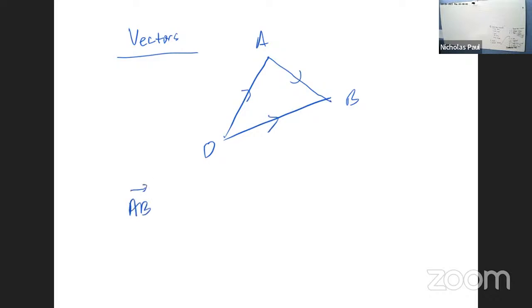All right, so just a quick review on what we did last week before we wrap up with vectors. We did displacement vectors. How did we find AB again?